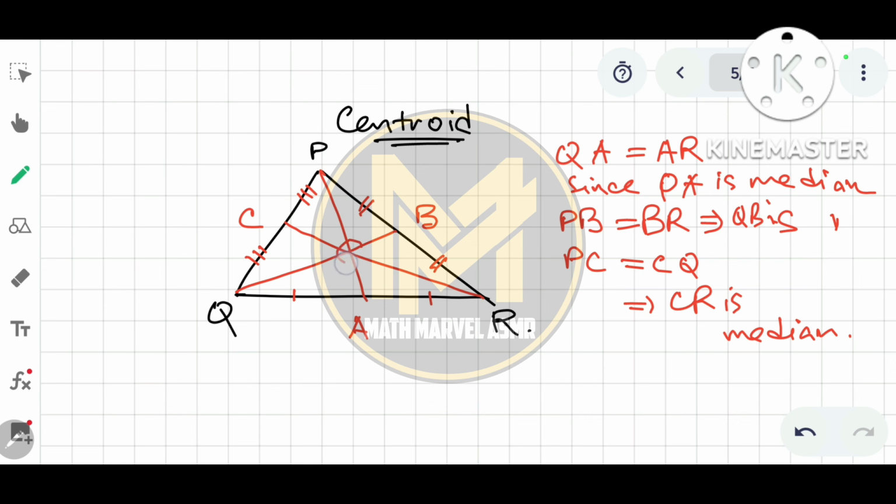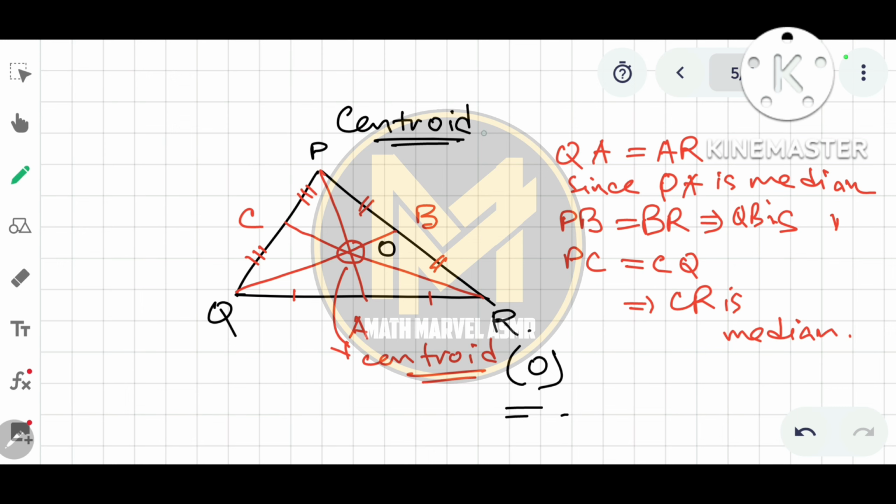The intersection point of the medians drawn is called the centroid of the given triangle. So you got the centroid. Let it be O.